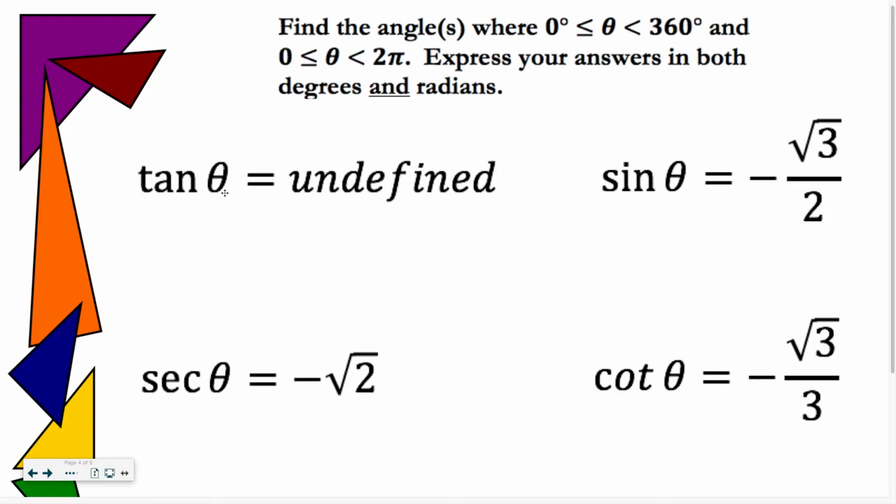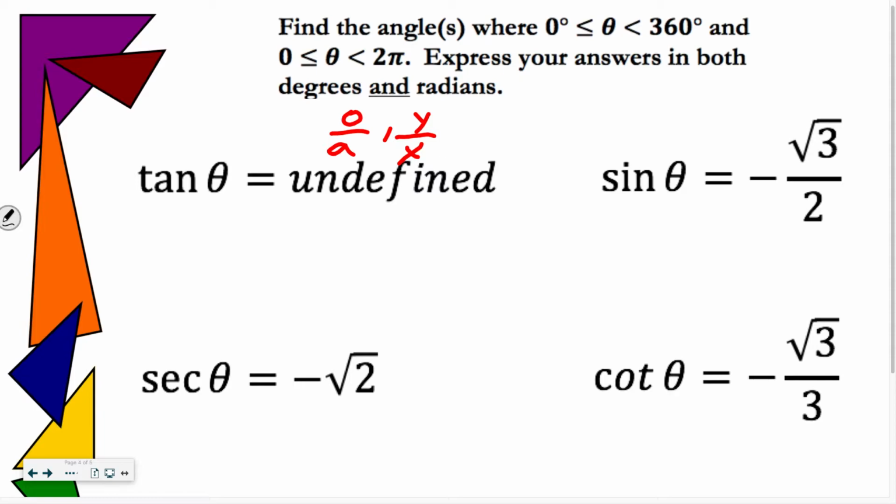When it says the tangent of theta is undefined, what must have happened with your tangent? There must have been a 0 in the bottom, right? Okay, so what is tangent? Opposite over adjacent, or y over x?